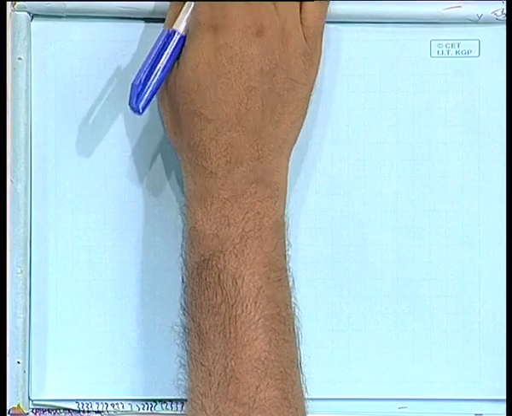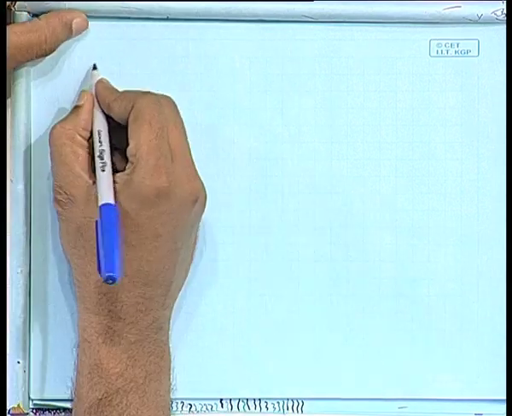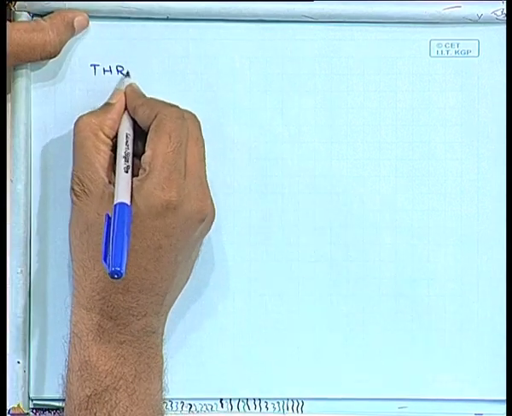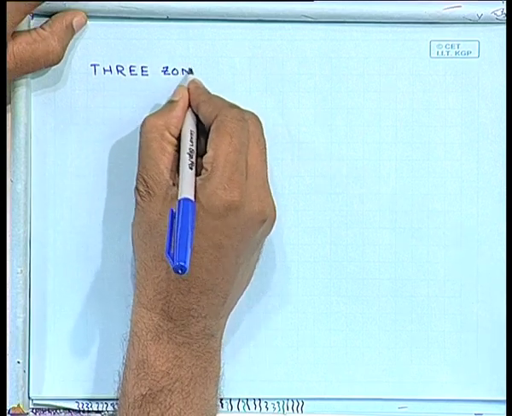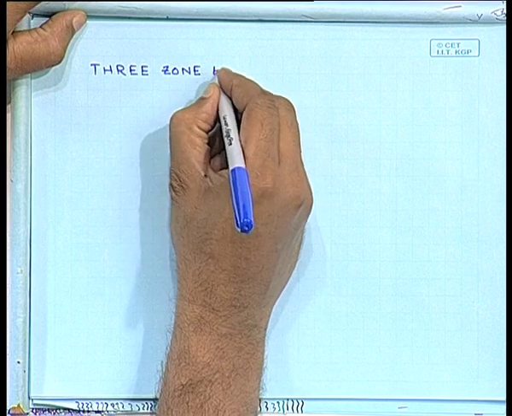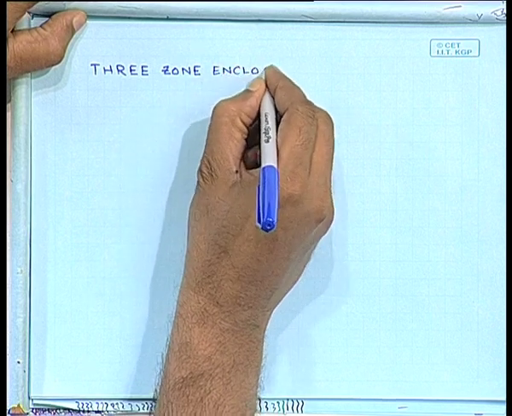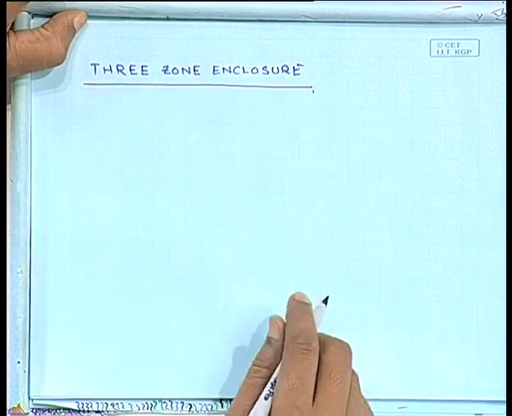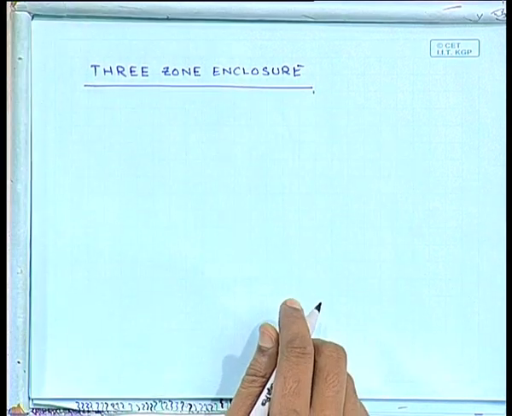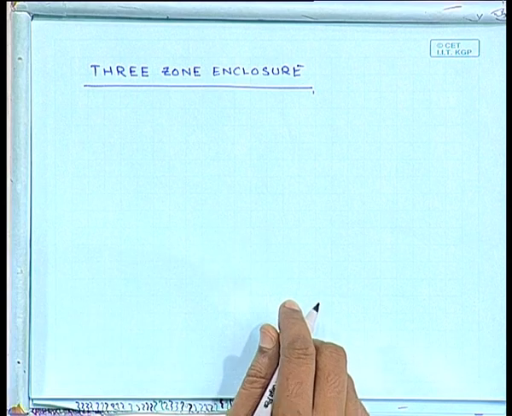Since we have understood 2 zone enclosures, it would be very easy to form a 3 zone enclosure, which is the most common that you would see, and we are going to solve certain problems on this.